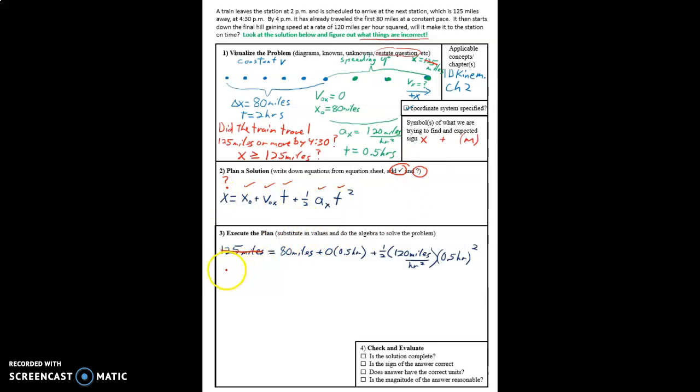All right, so x is the unknown, and we can go ahead and solve here, except there's one more mistake. Did you catch it? Up here, the train was traveling at a constant velocity for 2 hours and went 80 miles in 2 hours. So that means all during this time, the train was traveling at 40 miles per hour.